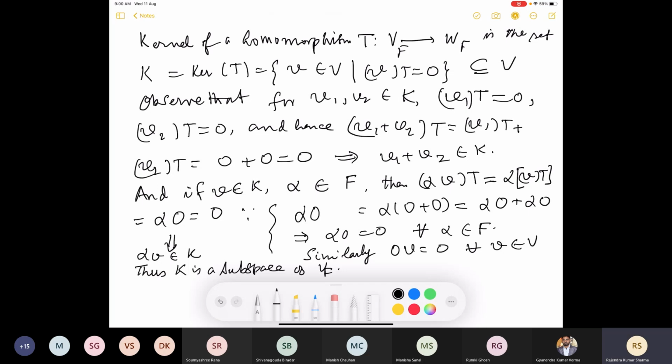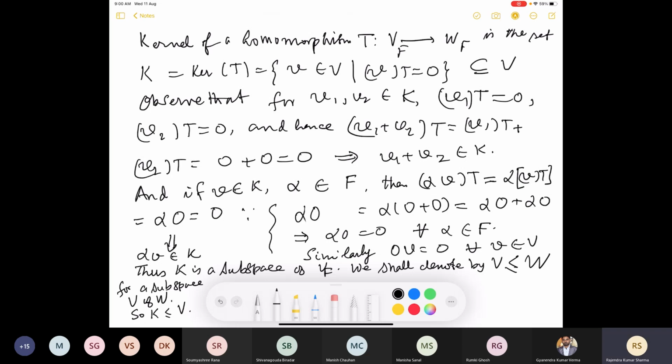We shall have a notation for subspaces, written like this. So this K is a subspace of V. So the kernel is a subspace of the domain of the homomorphism.